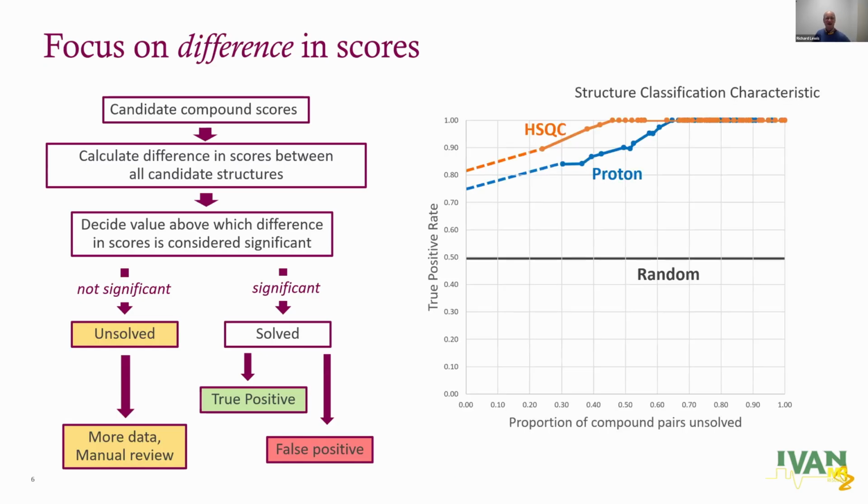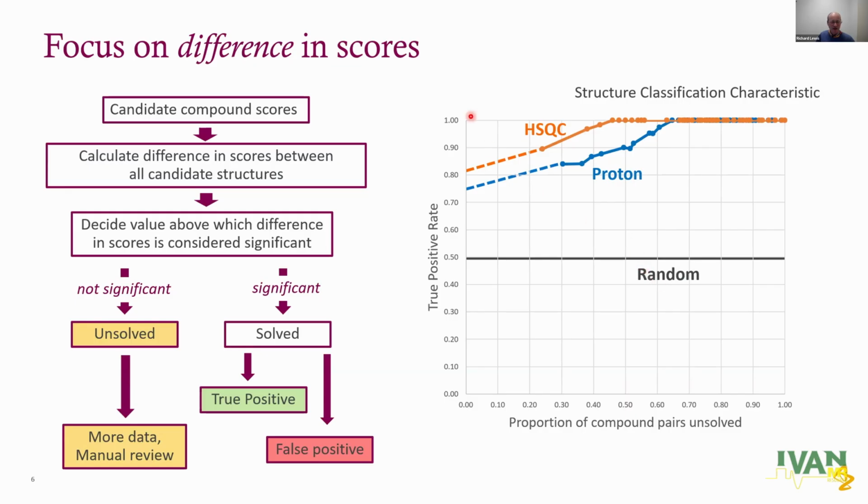We can modify the ROC curve to something we call the structure classification characteristic, where we're plotting the proportion of compounds that are solved or unsolved against the true positive rate. Again, we want to be up here in the top left-hand corner where everything is solved, nothing is unsolved, and everything is solved correctly. With the NMR data, if you remember where we were in the previous plot, we were maybe a third towards the goal.